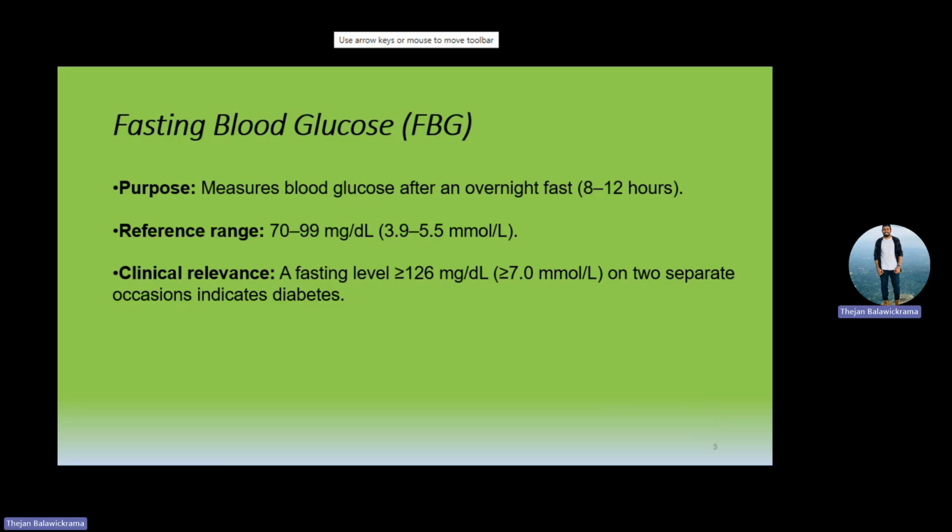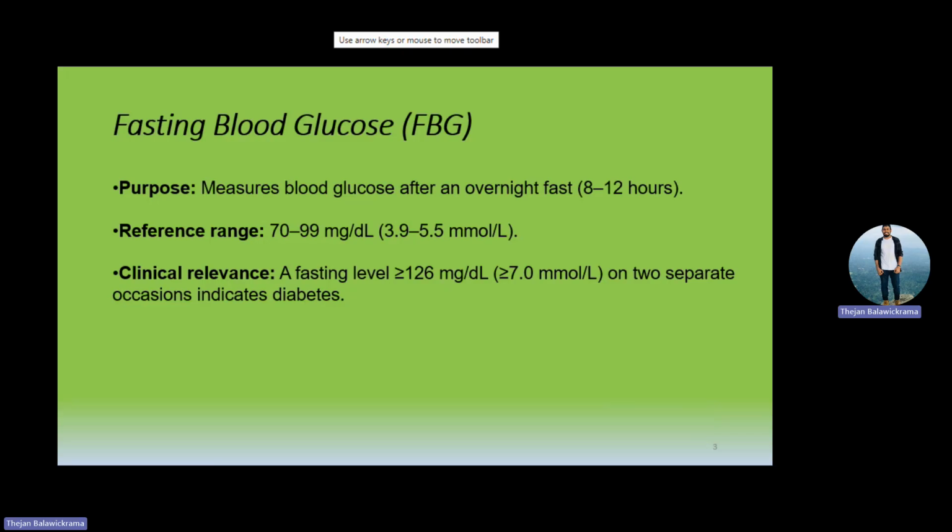Then we measure. There is no point in measuring the blood glucose level while eating, right? It is just like wearing dirty shoes and sweeping the floor. There's no point in doing that.